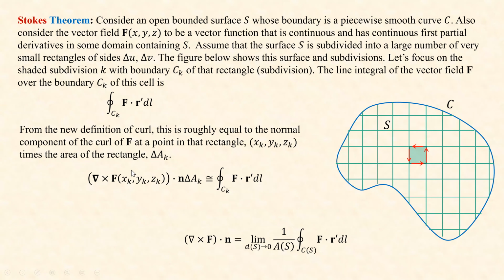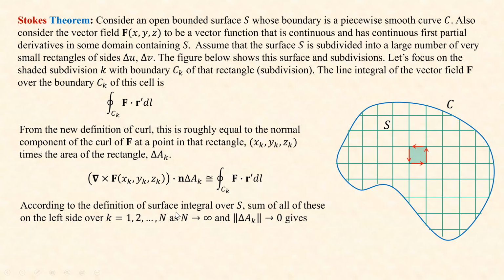All right, so we have this equation now. According to the definition of surface integral over S, the sum of all of these on the left side over k from 1 to n, as n goes to infinity and the norm of delta A_k goes to 0, gives this. The surface integral of curl of F dot n dA is equal to the limit of the sum of all these quantities.